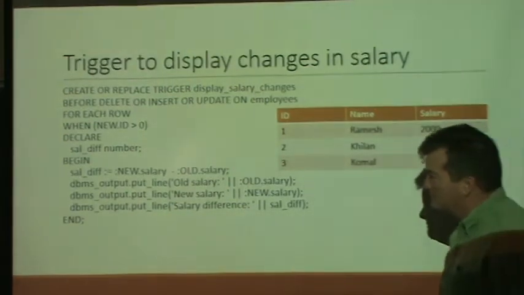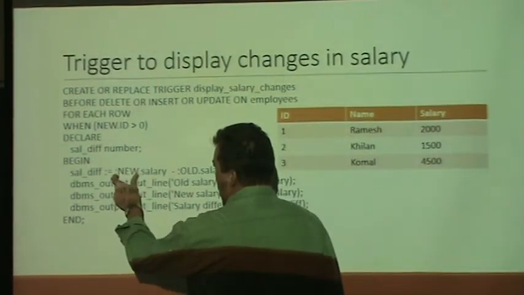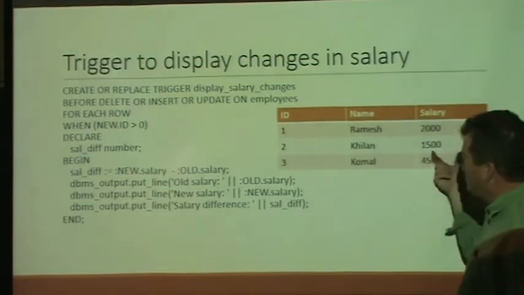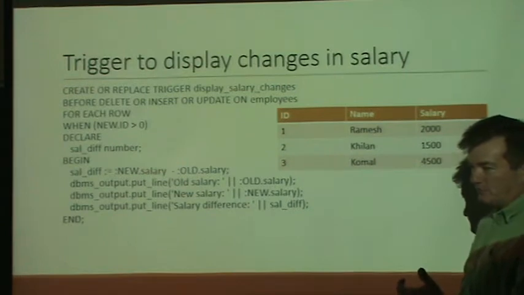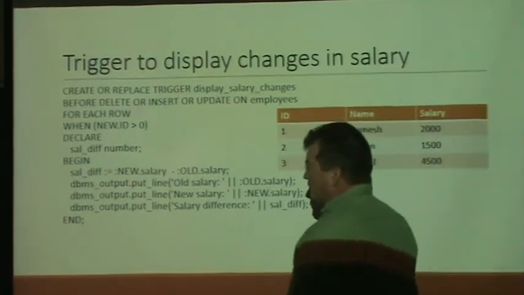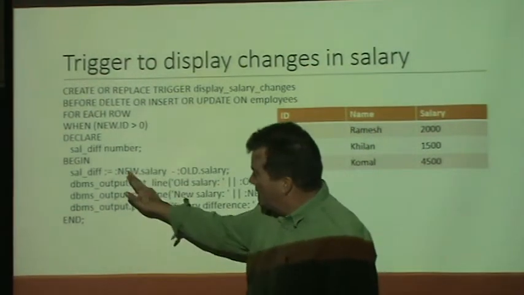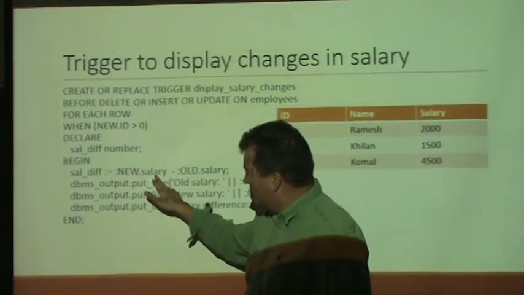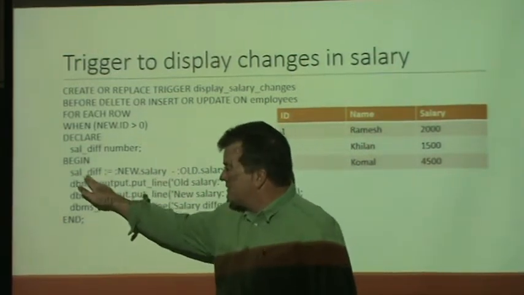Triggers will cause, anytime a variable changes, we're going to have the old value, what it was before the change, and the new value, what it's going to be after the change. And they're assigned to the variables new and old. So new dot salary minus old dot salary is the difference in the salary.